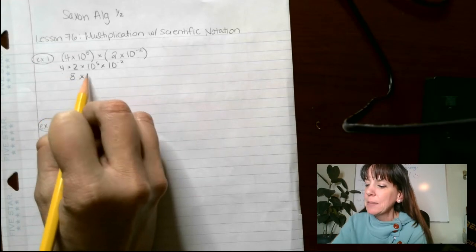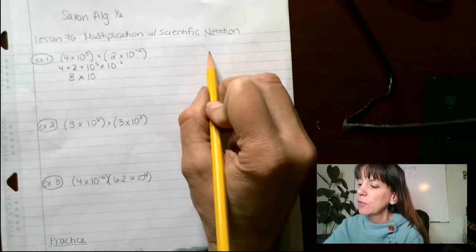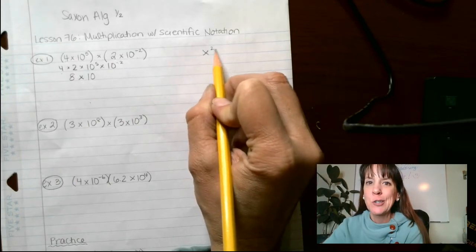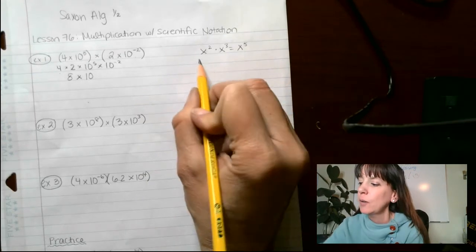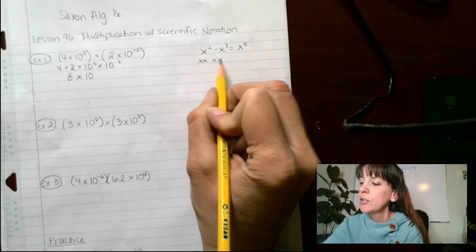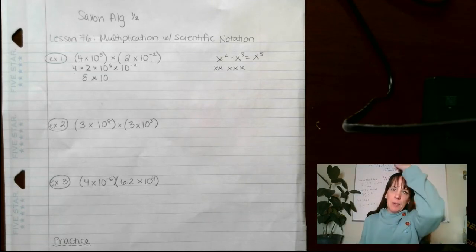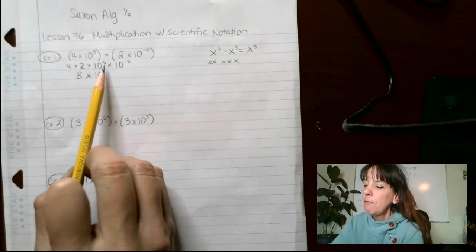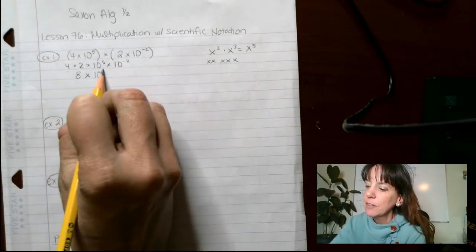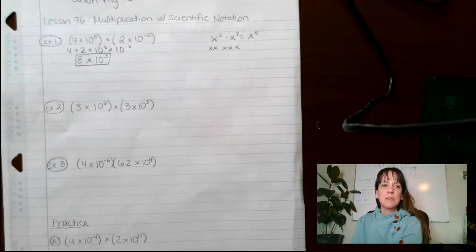So 8 times 10 to the, now, when we're looking at this, let's side note this over here. x^2 times x^3 gives me x to the 5th because I'd have 2 x's and then 3 x's, that's 5 x's. Notice that even though I'm multiplying the bases, I am adding those exponents. You're gonna do the same thing here. 5 and negative 2 is gonna give me 3, okay? I don't change the 10, but that is my answer.